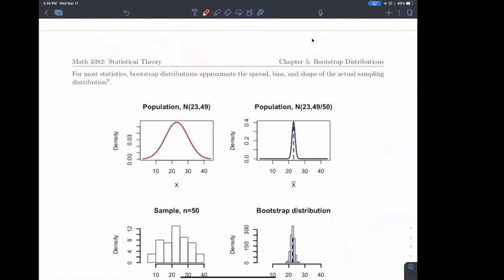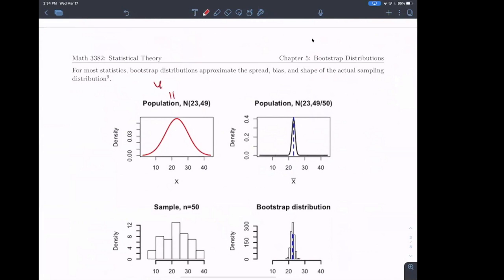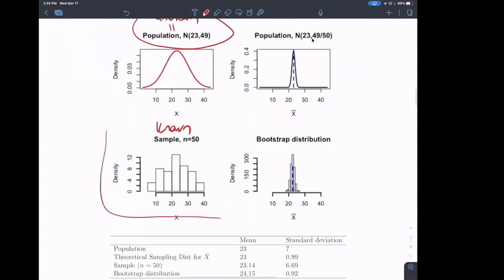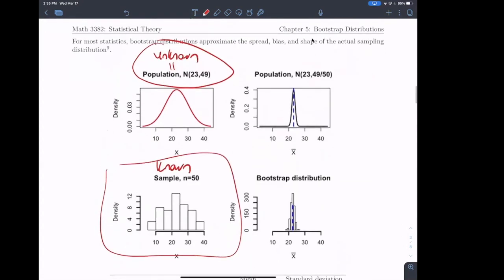So when we're doing this process, typically this is what we don't know. We don't know what shape the population is, what the mean is, what the standard deviation is, or any of that stuff. Instead, we have one sample. This is what we're given.